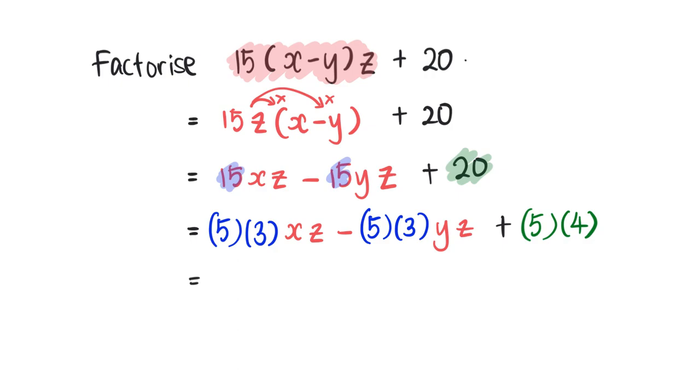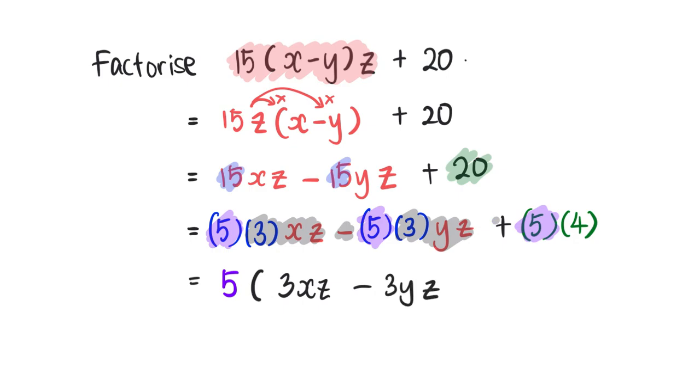So that is it. It is very easy for us to extract out the common factor. Okay? And the common factor would be 5 for all the terms. And that's the only common factor. And we are left with 3xz minus 3yz plus 4.